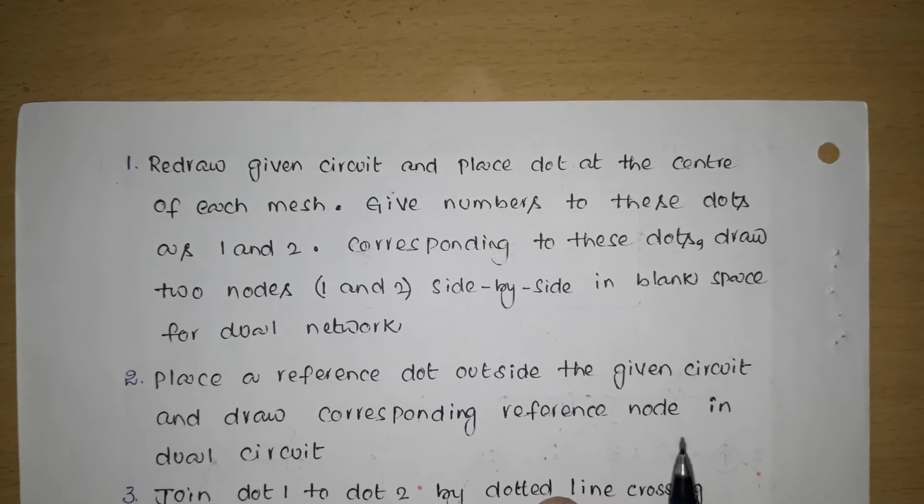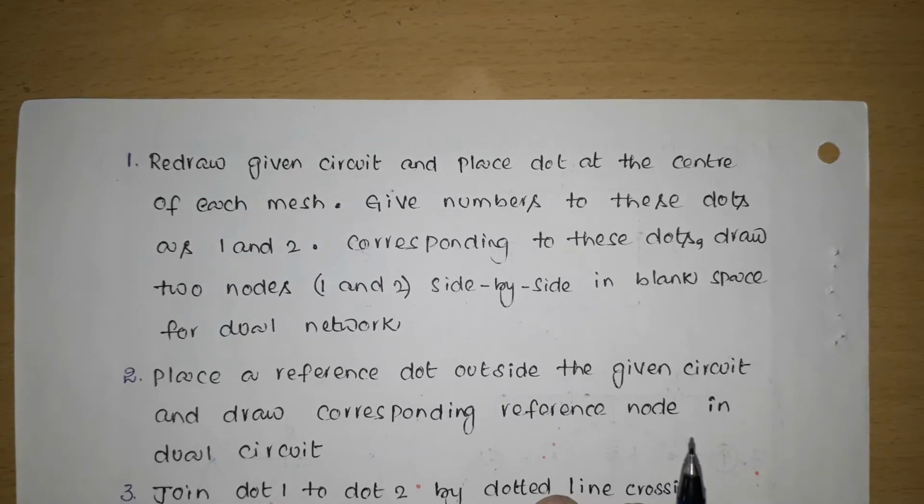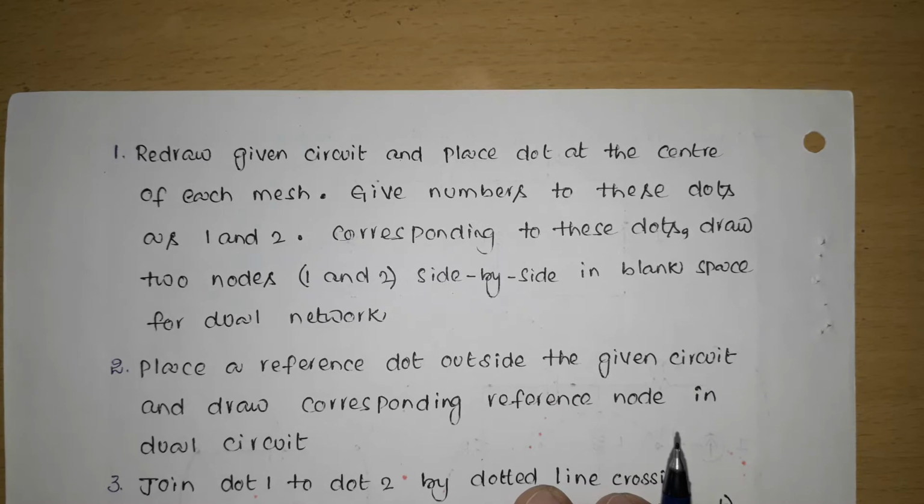Corresponding to these dots, draw two nodes 1 and 2 side by side in blank space for the dual network.